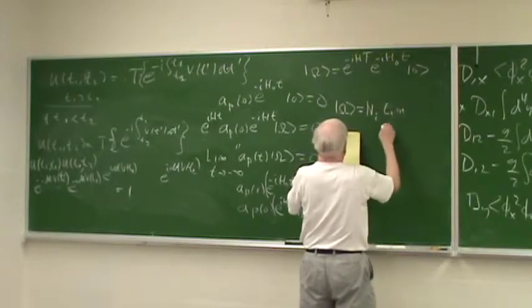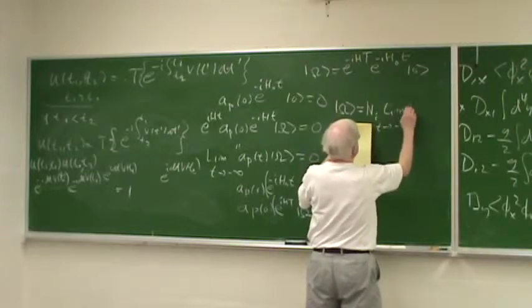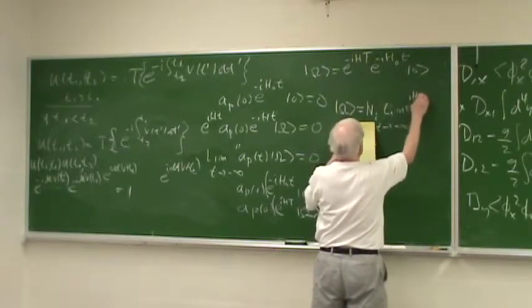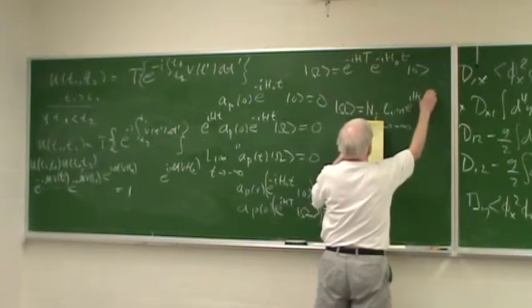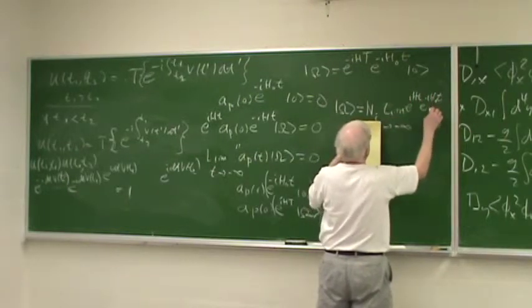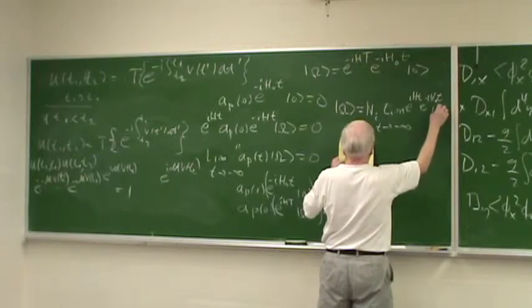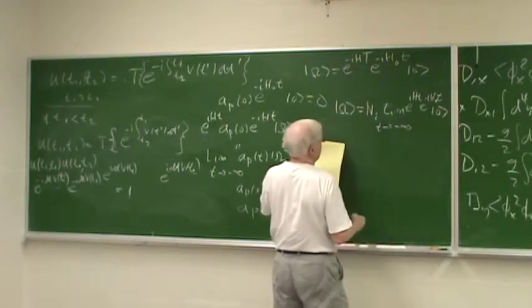The limit as t goes to minus infinity of e to the i H t, e to the minus i H0 t, on the vacuum 0.